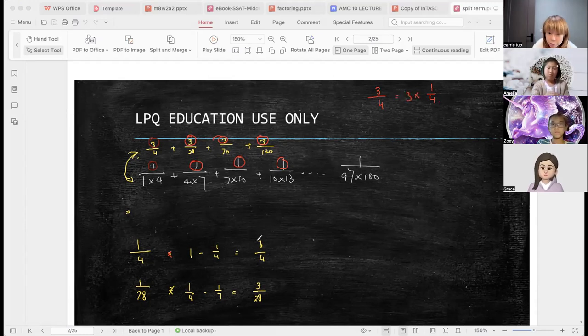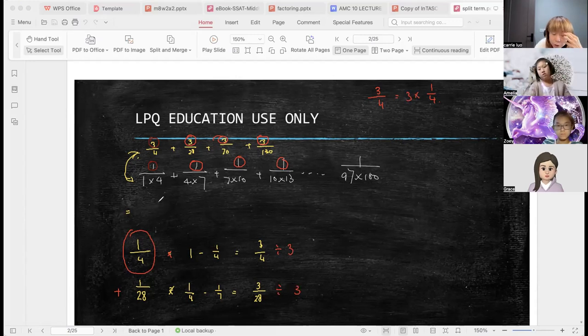Okay, so in order to make them equal to each other, because the question is asking you for 1 over 4 plus 1 over 28, but when we split it, it equals 3 over 4 plus 3 over 28. So how do we do it? Very easy. Divided by 3 and divided by 3. Do you understand?